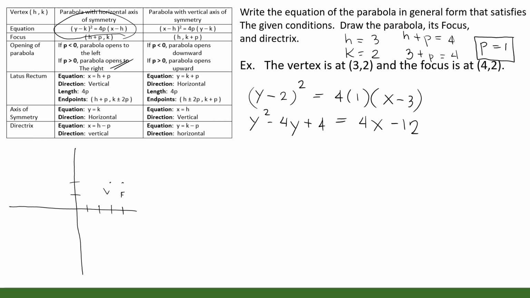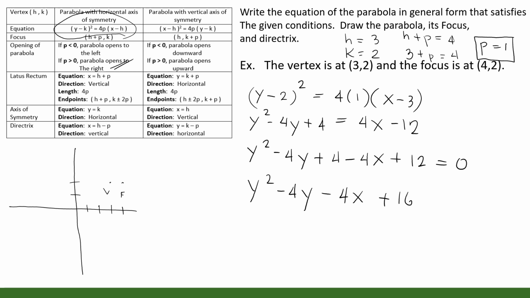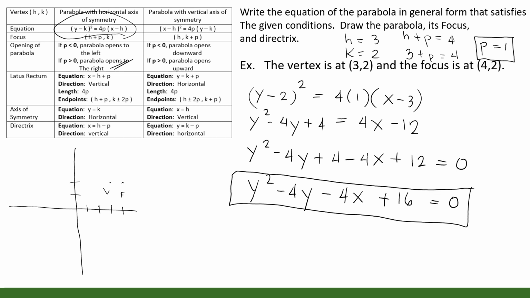And then transpose 4x and negative 12, it is now y squared minus 4y plus 4 minus 4x plus 12 equals 0. Combine similar terms, you have y squared minus 4y minus 4x plus 16 equals 0. And this is our answer for the equation we are looking for.